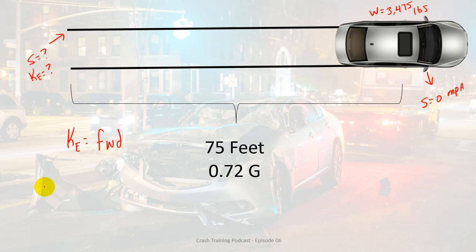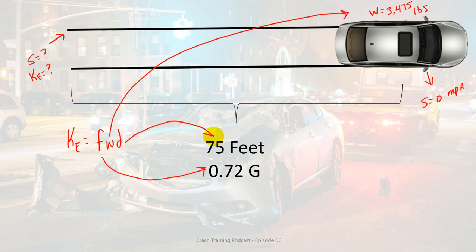We've got the drag factor, because it's still 0.72. I just assigned the weight, 3,475 pounds. And I can go out to the scene and measure the distance of those skids like any other wreck, and I've got 75 feet. This is going to give me an answer in foot-pounds.